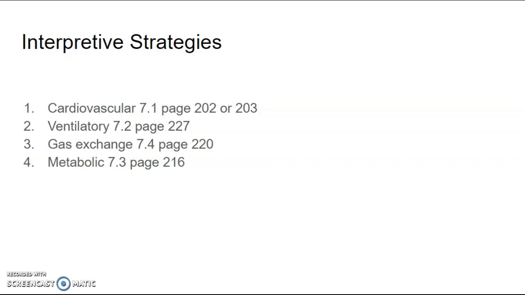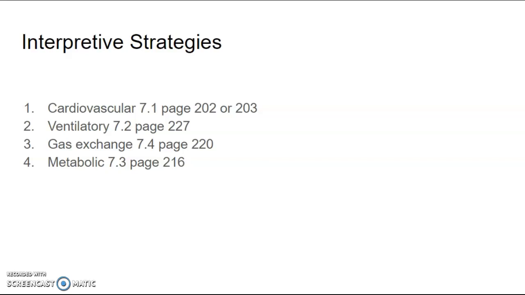On my screen, it comes up kind of right in the middle. For your ventilatory interpretive strategies, you're going to look at box 7.2 interpretive strategy, page 227. For your gas exchange, you're going to use interpretive strategy 7.4 on page 220. And then for the metabolic, you're going to use interpretive strategies box 7.3 on page 216. So notice these do not go in order of how you would evaluate them.